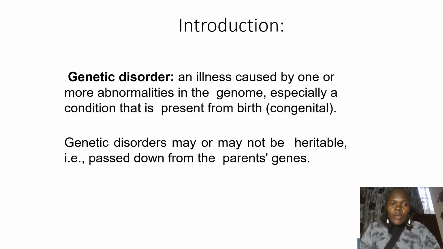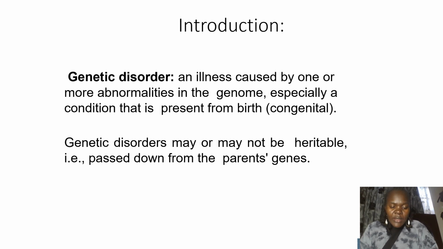So a genetic disorder is described as an illness caused by one or more abnormalities at the level of the genome, especially when the condition is present at the point when the child is born. So we talk about congenital. Most of those genetic disorders occur at the point of birth, but they can either be inherited or not.